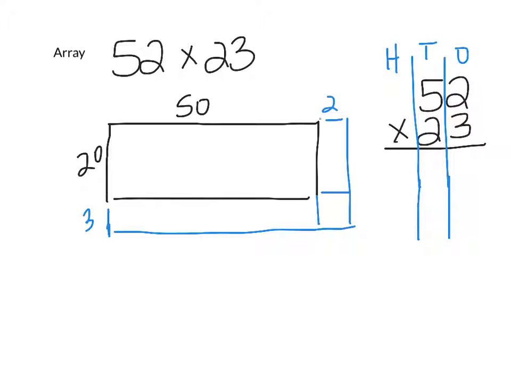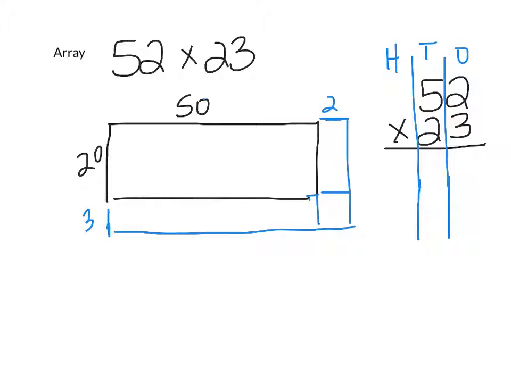So I have 4 partial products that I'm going to work with, and I'm going to use my written record to start to develop my written algorithm as I use the array, just like we did in class. So first, I'm going to start with the 20 times 50 and 20 times 2.